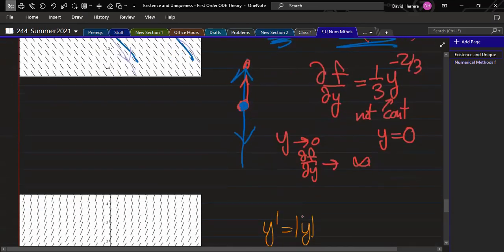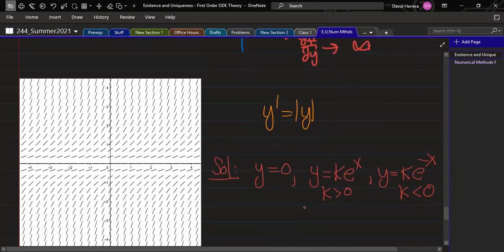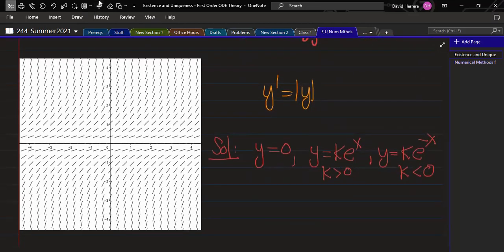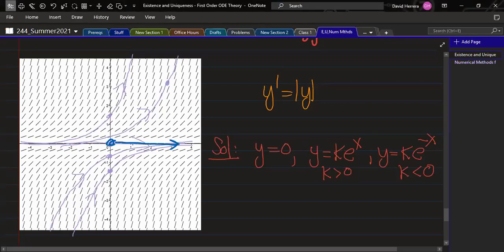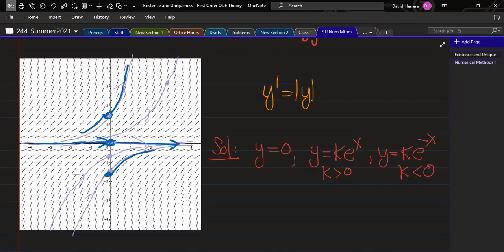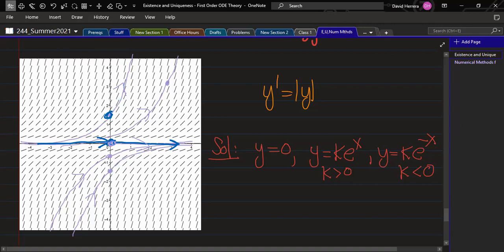So let's see another example. I'm going to sketch some solutions here, and then we'll talk about it. So what do we have here? Well, if we start at 0, then we stay at 0 forever. If you start up here, you go up this way. Start down here, you go this way. But if you look at these pictures, they actually look familiar, and they should, based on the solution.